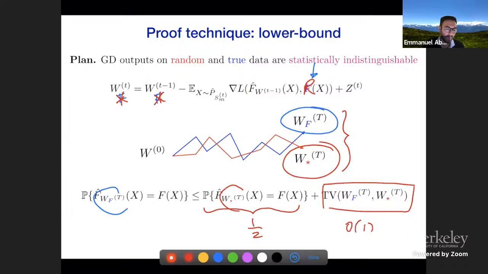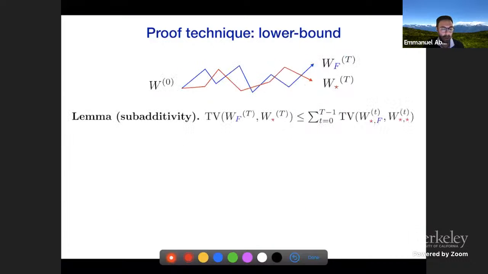Okay, so now from there it becomes information theoretic inequalities, and that's why I like this approach, because now you just have to bound the TV, this quantity here.